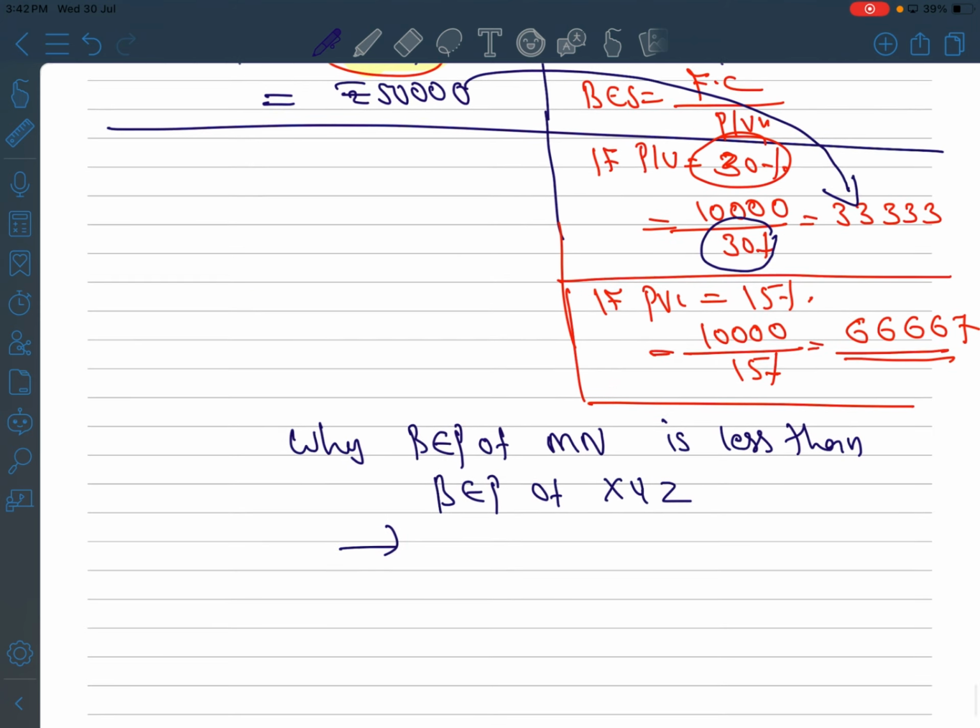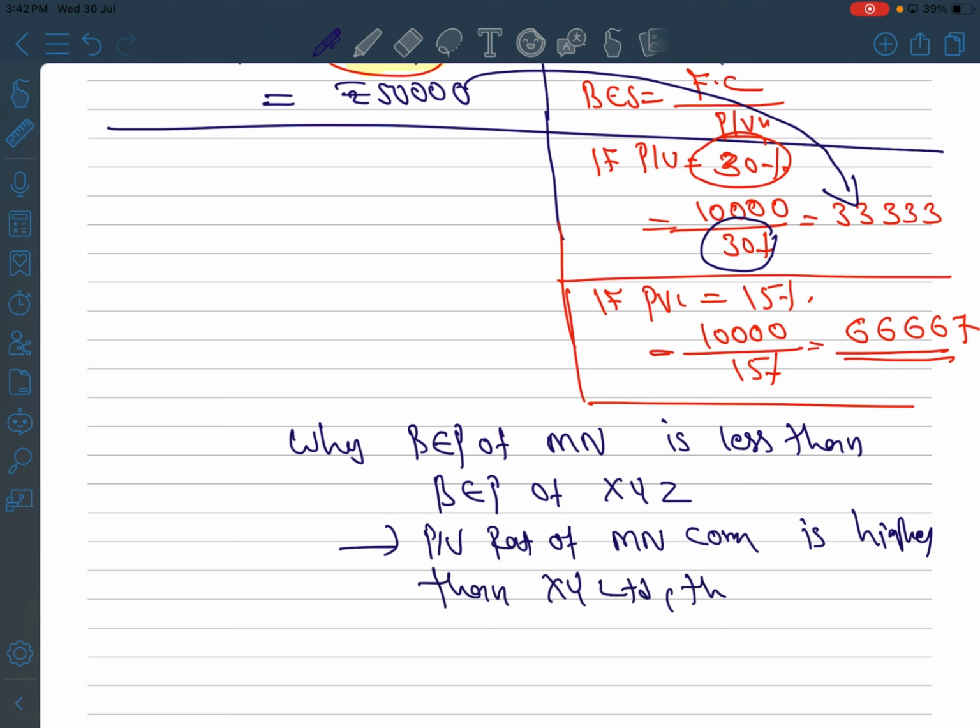So the observation is that the PV ratio of MN Company is higher than XYZ Limited. That's why the break-even sales of XYZ is higher.